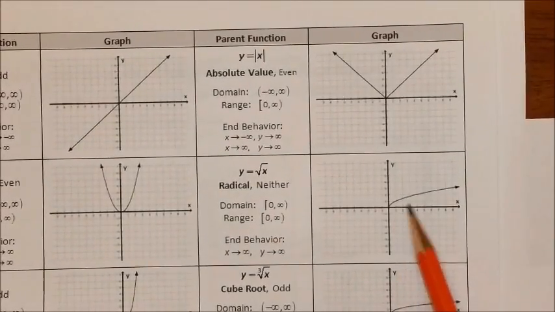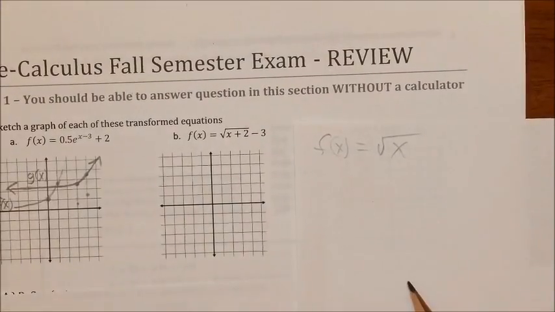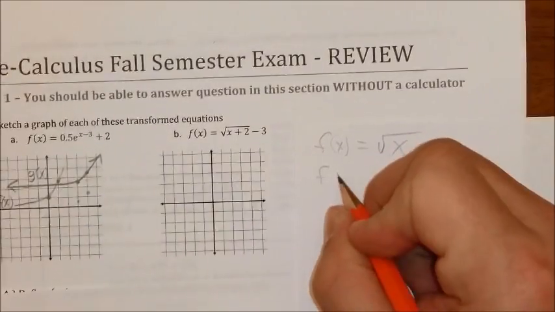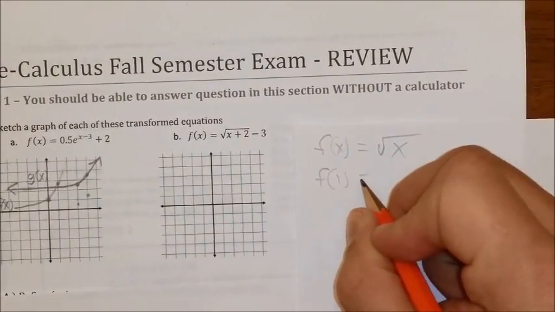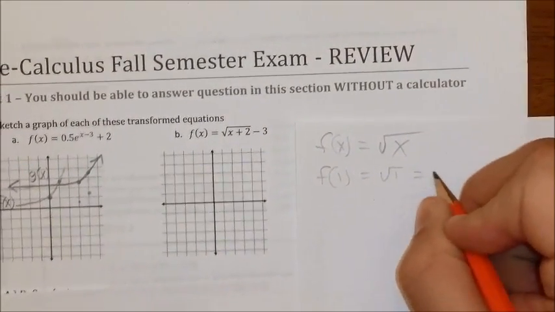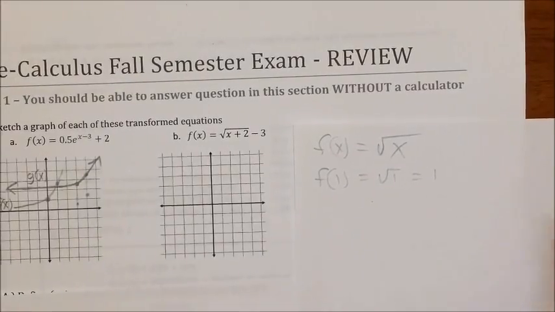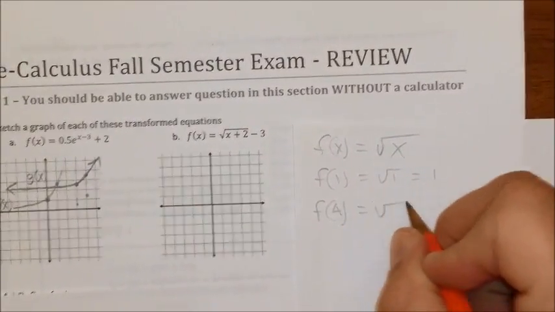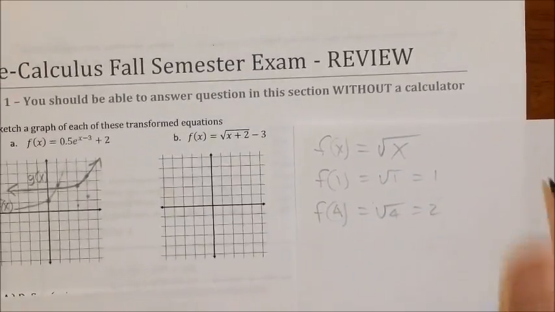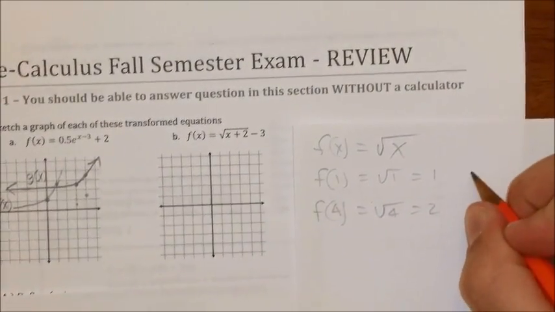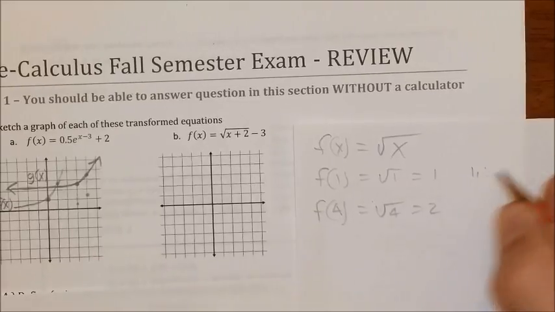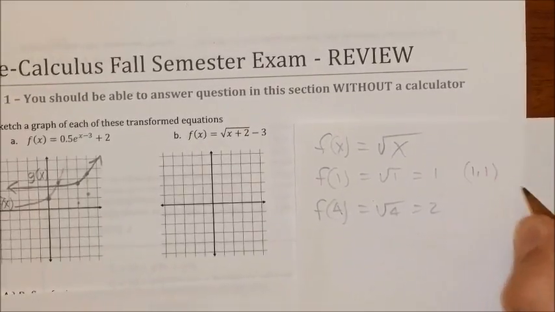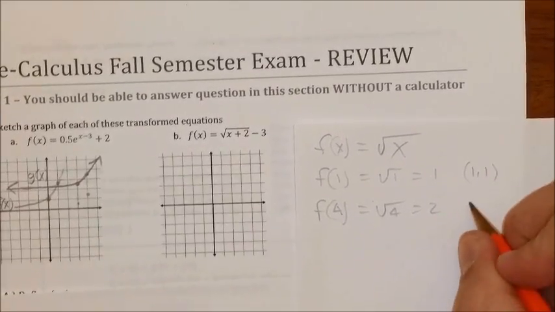Square root parent function, a couple of points that I can plot. Square root of 1 is 1, and something like square root of 4 is 2. So I can plot those points, (1, 1) and (4, 2). I guess 0 is another easy one that we could plot. Square root of 0 is 0.